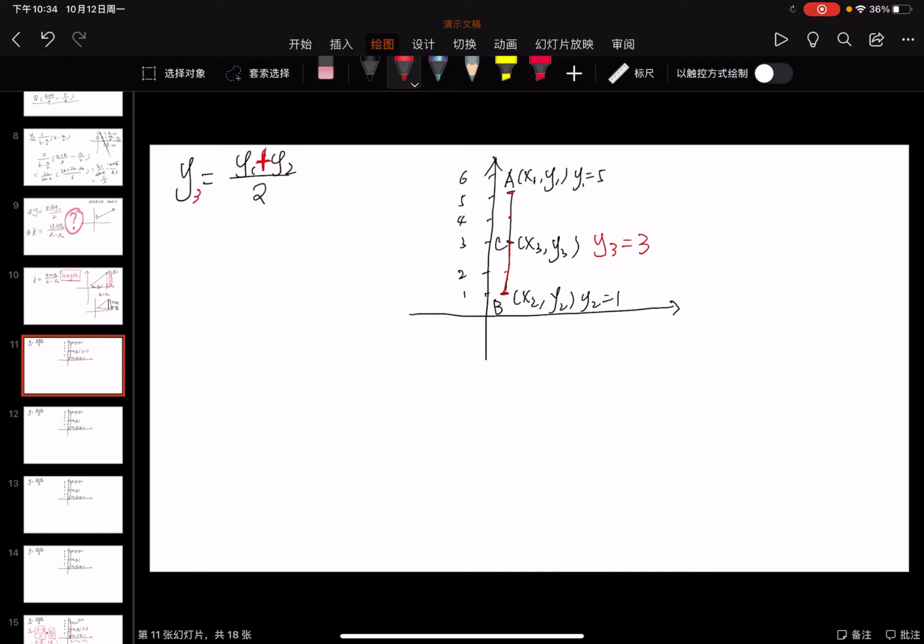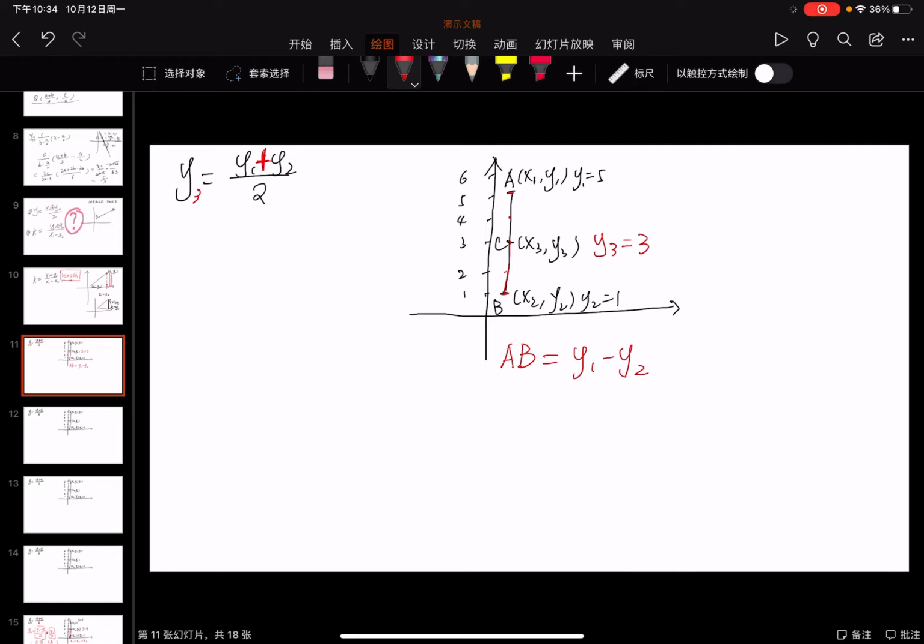Now we need to reflect on our thinking process and try to generalize it. What we did first is to get the length of AB, and it is y1 minus y2. It is interesting because it's exactly the same as our first case.